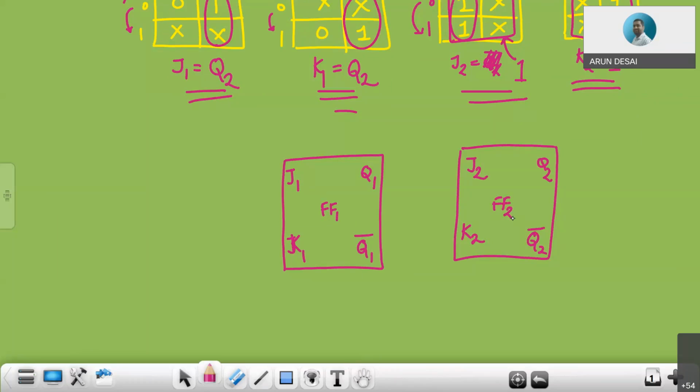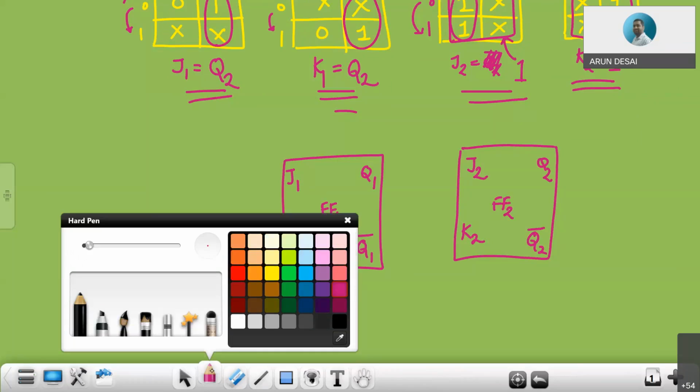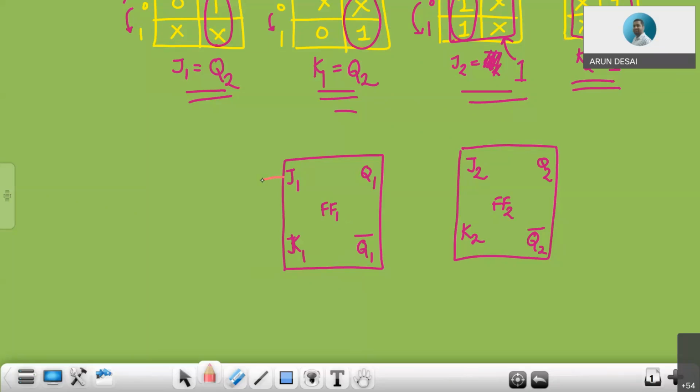Now where actually my J1 and K1 are: J1 and K1 are basically Q2, right? So we connect Q2 to J1 and K1. Now what are my J2 and K2?